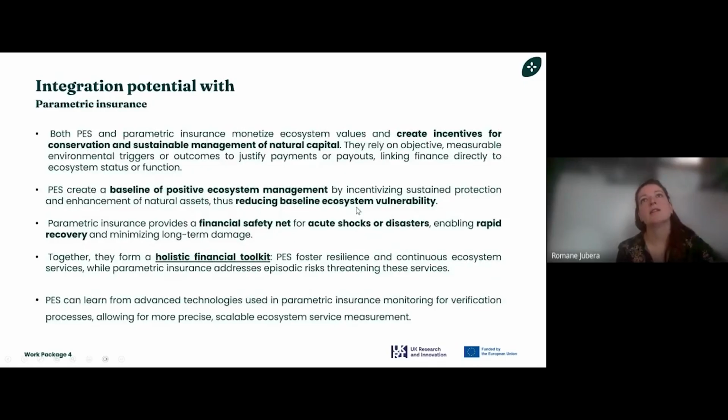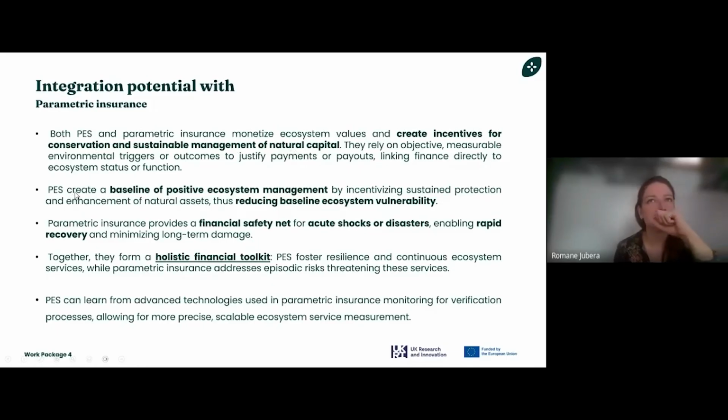Second instrument is the parametric insurance. So both payment for ecosystem services and parametric insurance monetize ecosystem values and create incentives for conservation and sustainable management of natural capital. They rely on measurable environmental triggers or outcomes to justify the payments.